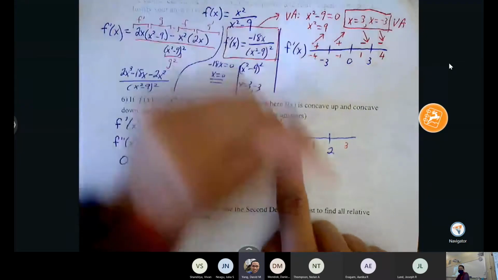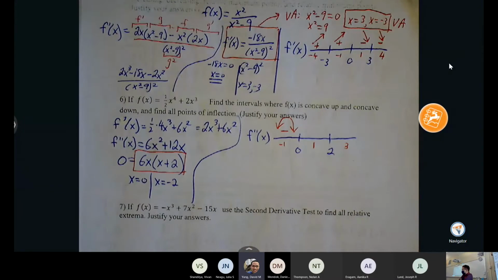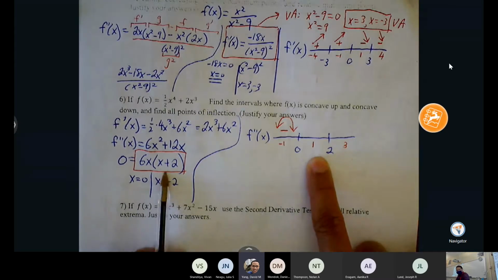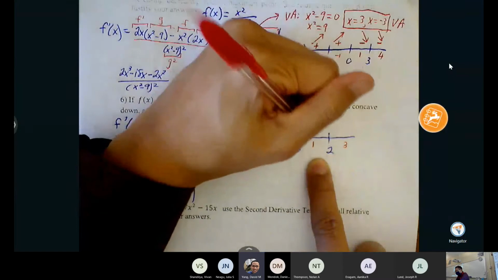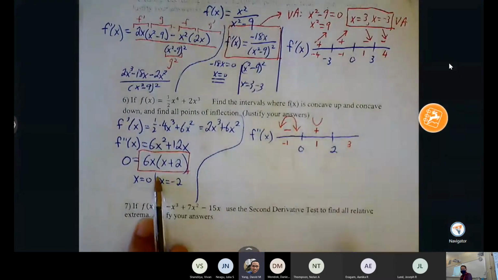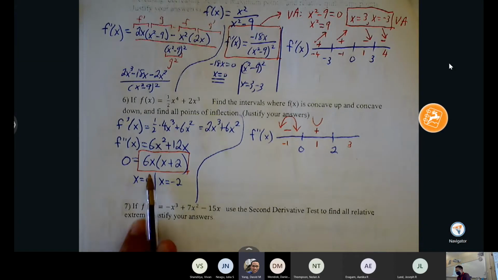This negative doesn't mean negative slope. It means the curvature is concave down. Okay, plug 1 in. Positive times positive. Plug 3 in. Positive times positive. -1.